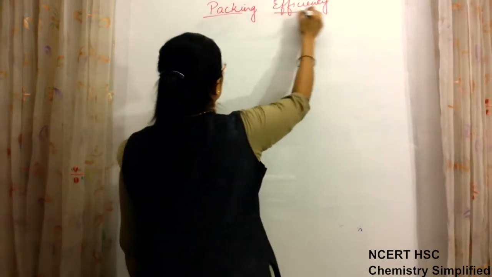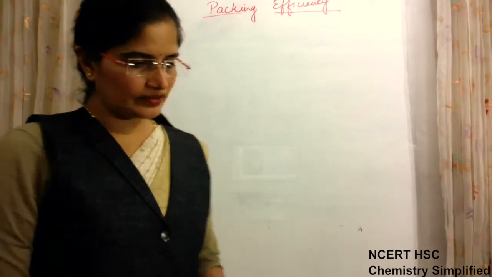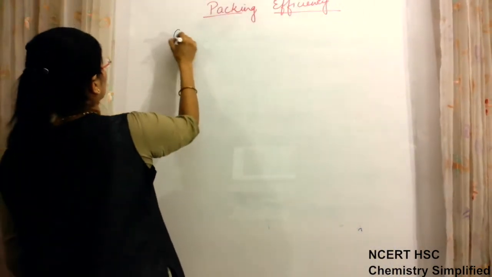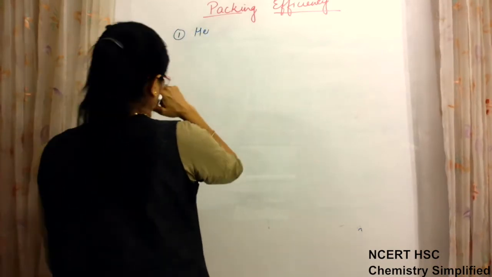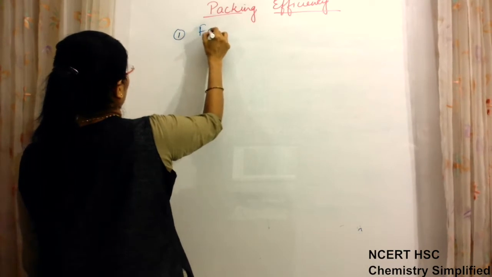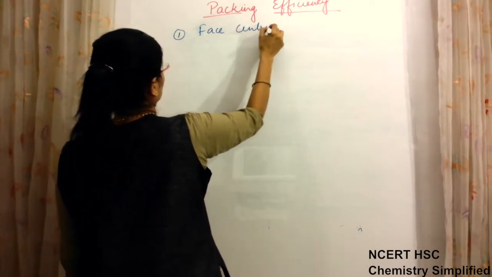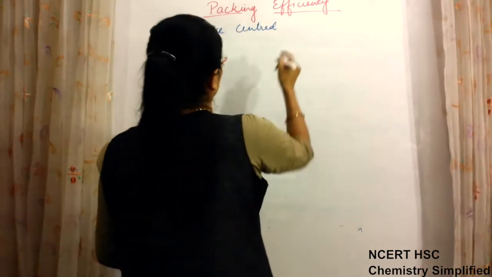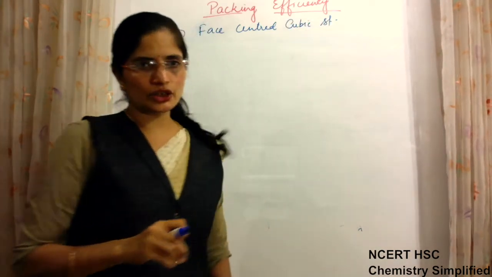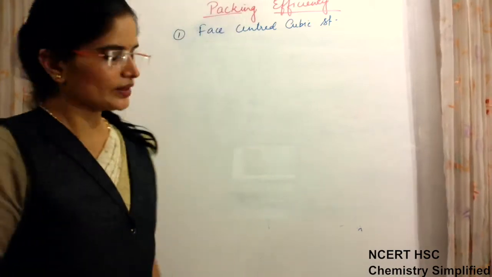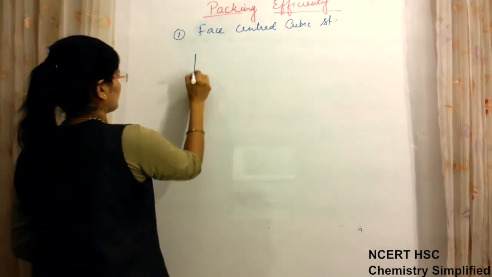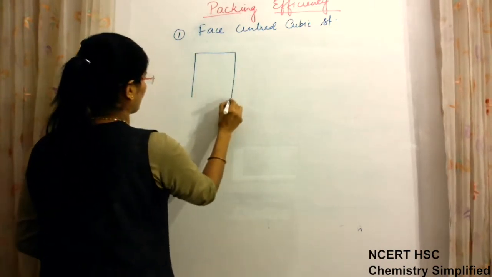Now packing efficiency, one by one we will study. First we are doing packing efficiency for face centered cubic structure. Okay, now when we have to find packing efficiency, the first thing every time we will do, we'll make a unit cell.